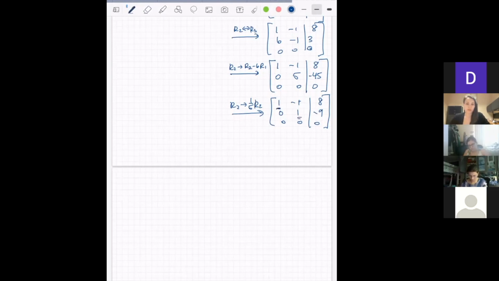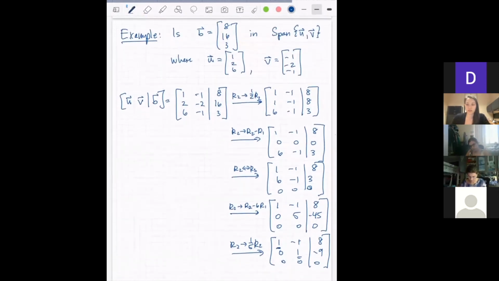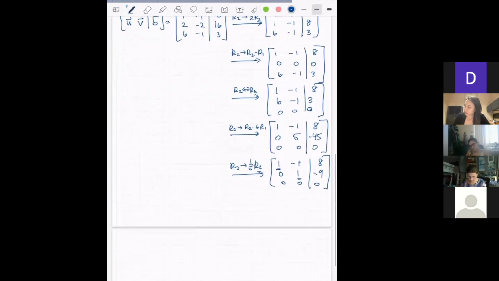So those will give us a consistent system, and we can actually figure out what that solution is going to be, right? So let's go ahead and do that, and then we can write our B as a linear combination of the two vectors u and v, right? Okay, so let's go ahead and do that.